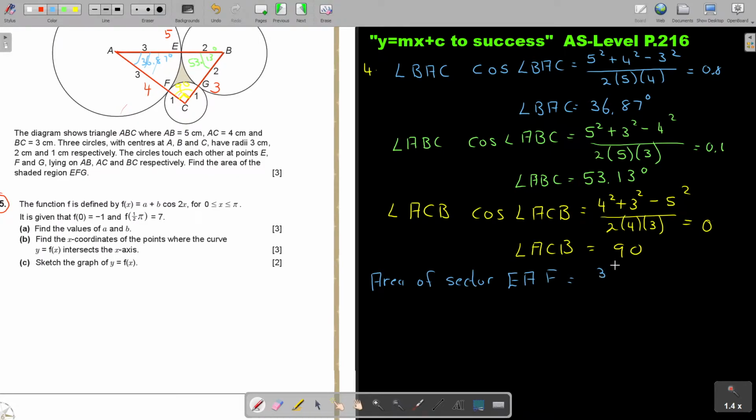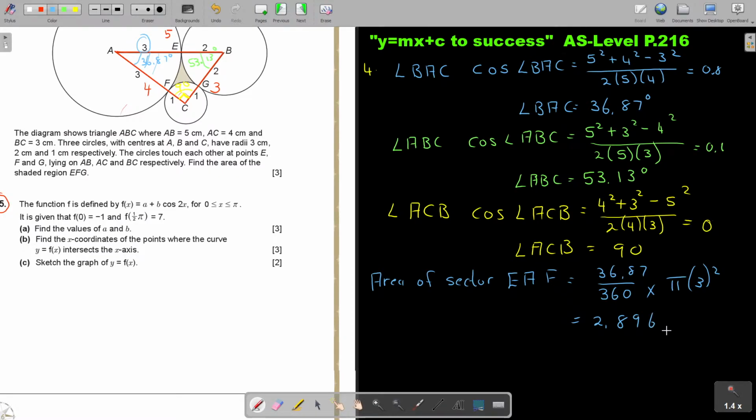I take the angle, 36.87, over a total of 360, and multiply it with the area of a circle, pi times the radius squared. Don't forget, the radius is 3. On the calculator: 36.87 divide 360 equals, multiply shift pi, multiply 9 equals. Approximating, that is 2.896.